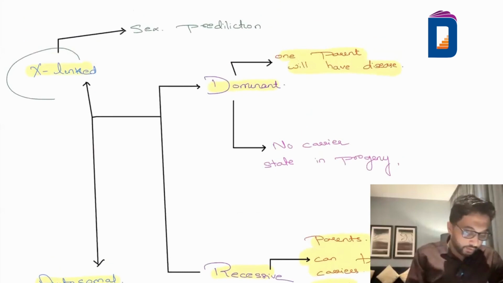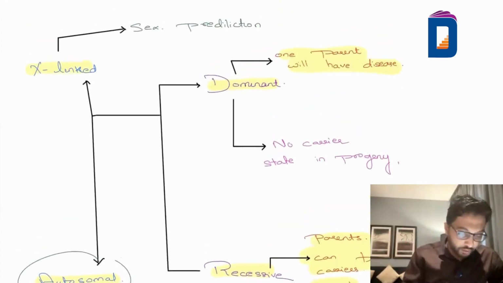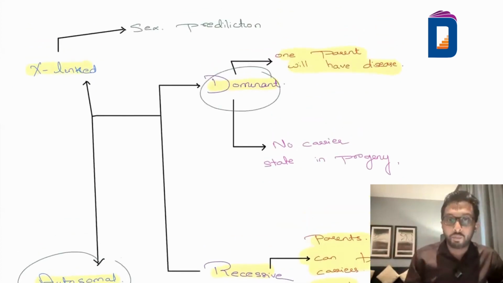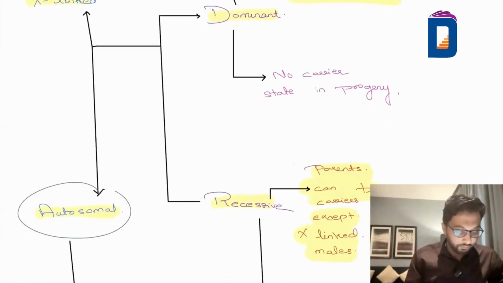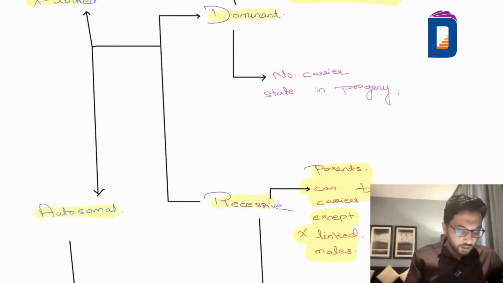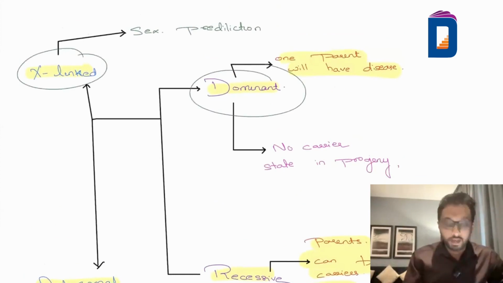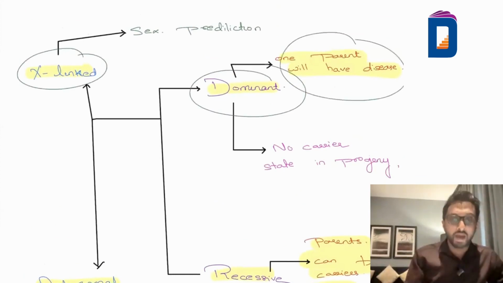Once again, if it's autosomal dominant, one parent will be affected. If it's autosomal recessive, it is possible that no parents are affected, they can be carriers. Now when it comes to X-linked dominant, again the same thing applies, one parent will be affected.